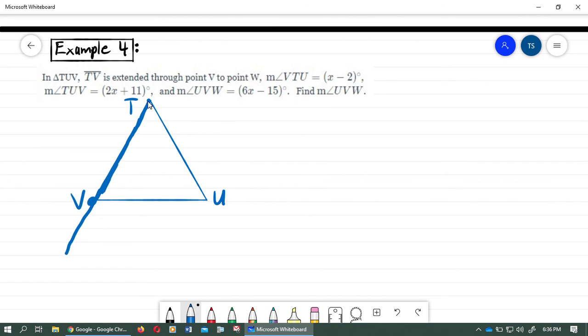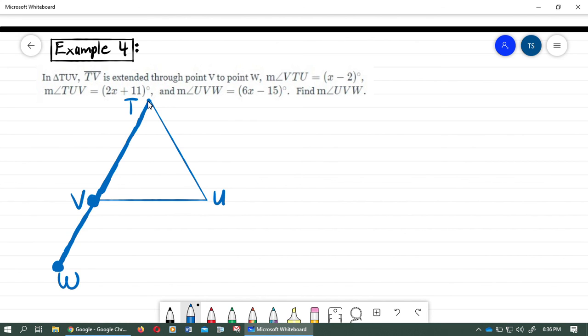Look there. Segment TV is extended through point V to point W. So you see how I've extended segment TV through point V? Did you guys see that? I extended segment TV through point V, and I'm extending it to point W. That isn't hard, right?